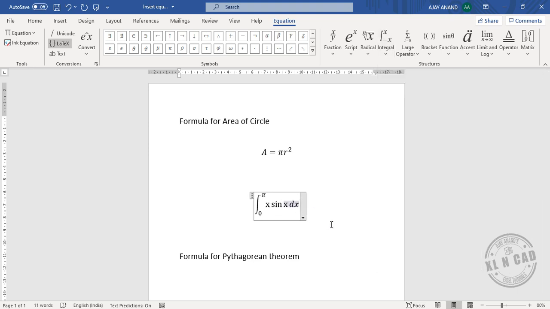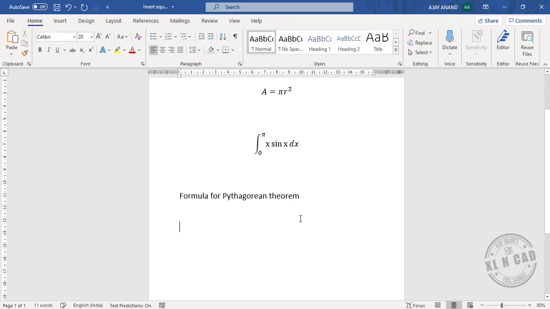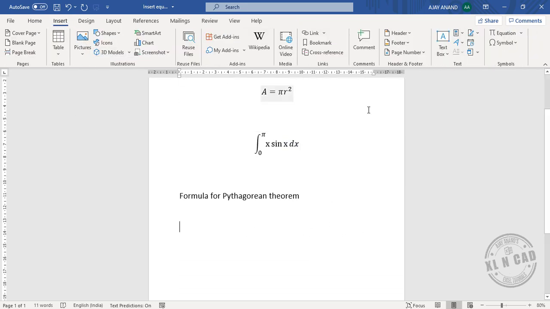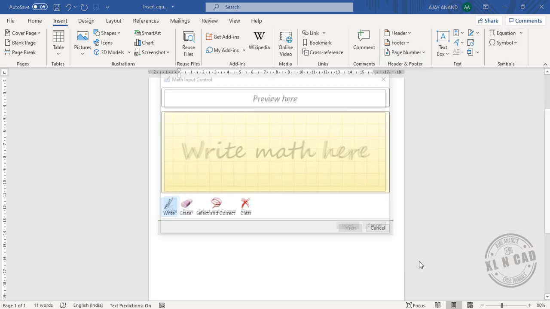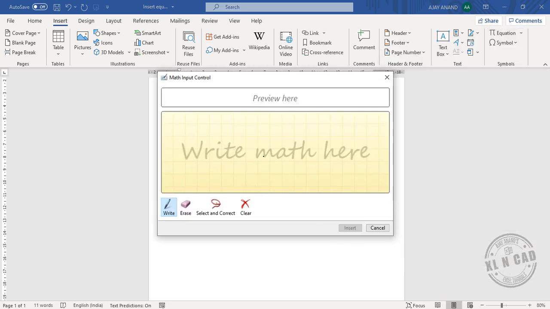Now to write an equation by hand, Insert, Equation, Ink Equation. Use this area to write the equation. See where it has detected my input as a square.